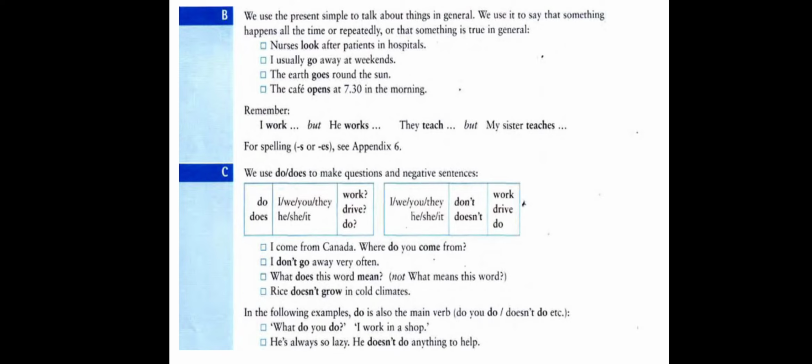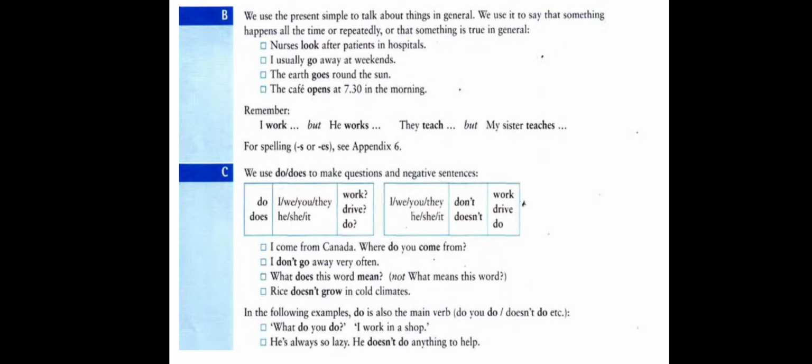This is a timetable, or this is always happening in the morning, so it is a repeated action, so we use the present simple. So it becomes: the cafe is singular, and the verb must take the s, so it becomes the cafe opens at 7:30 in the morning.